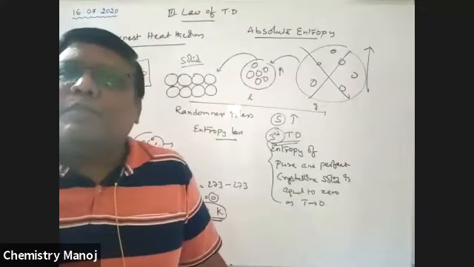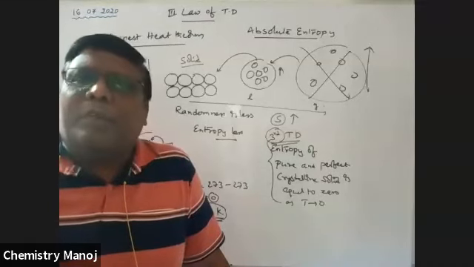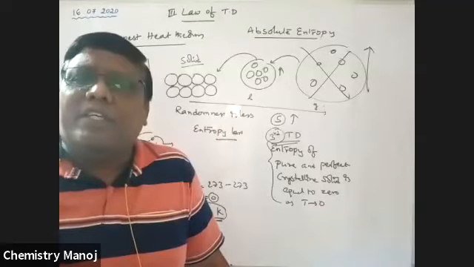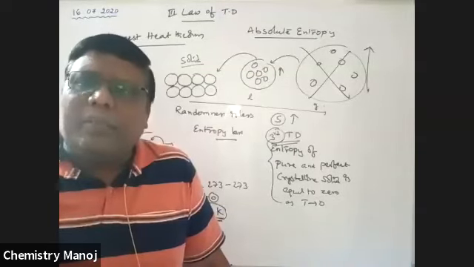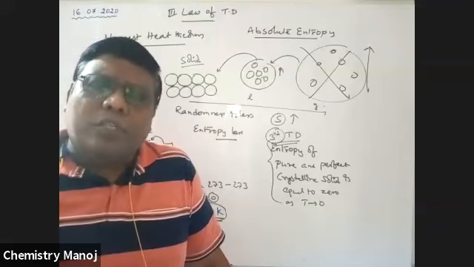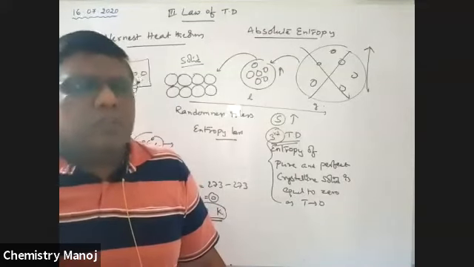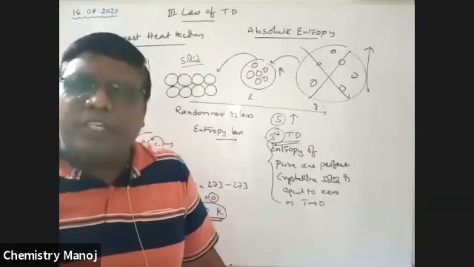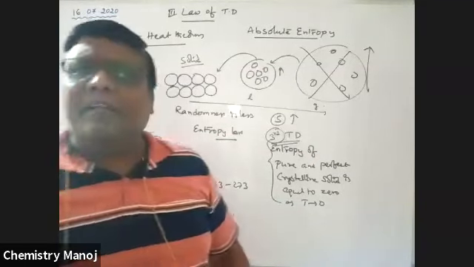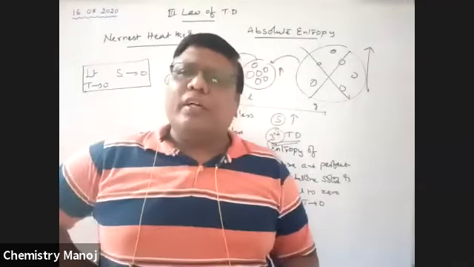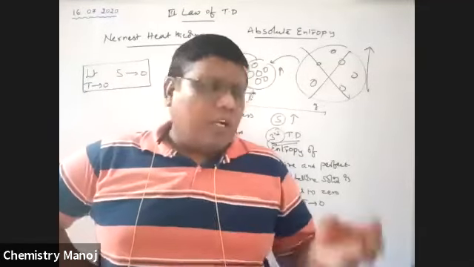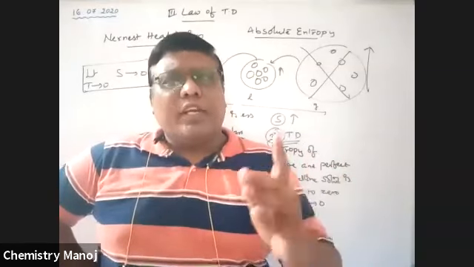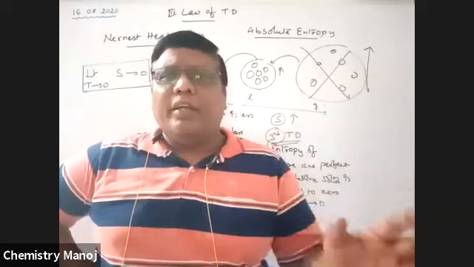It is almost impossible for a pure and perfect crystalline solid to reach minus 273 degrees centigrade, but at that temperature it is going to be zero. Not only a single chemical entity, almost all chemicals, whatever solids, liquids, gases, at 0 Kelvin are in solid state. Their atoms are going to be in perfect order.